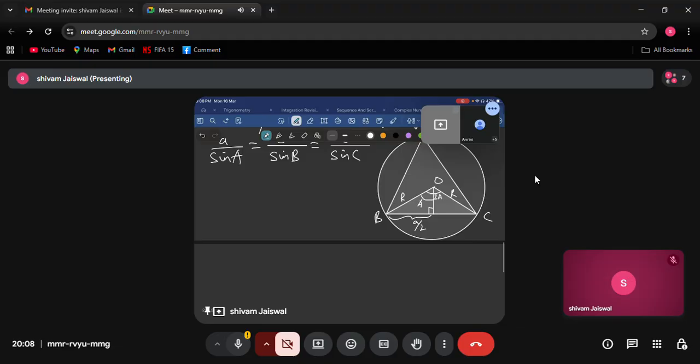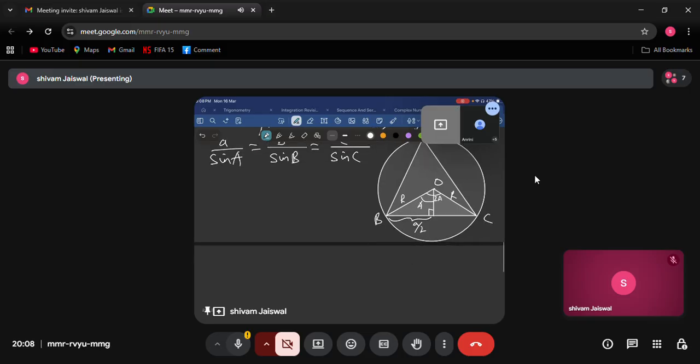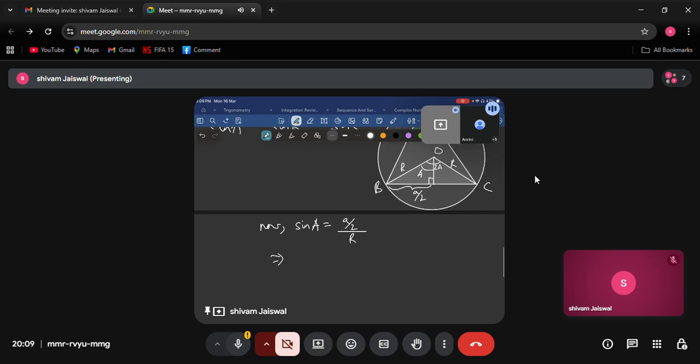What is sine of angle A? Sine of angle A is equal to perpendicular by hypotenuse, A by 2 divided by R. So from here I am getting A by sine A is equal to twice the circumradius.